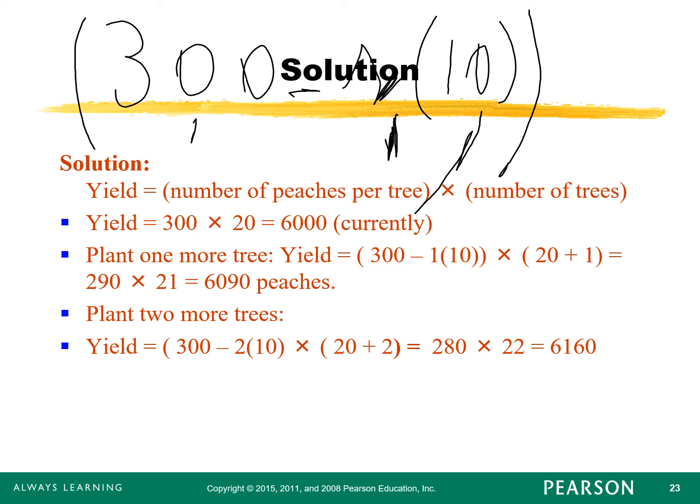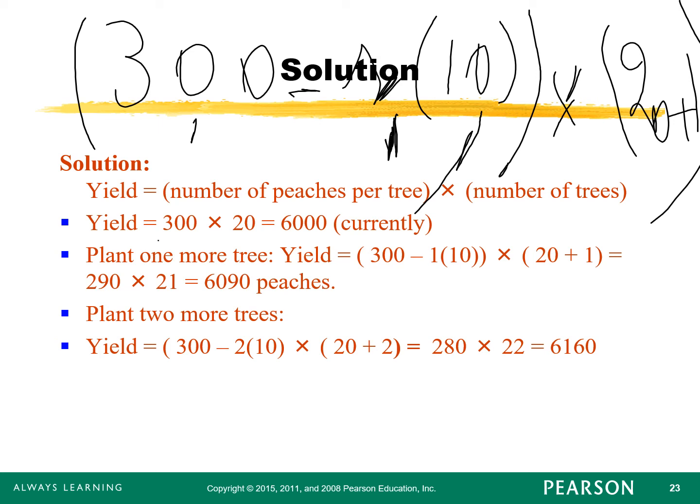So this is the first rule, and multiply it by the number of trees, 20, and we said that we will add one tree, so here we will add 1.